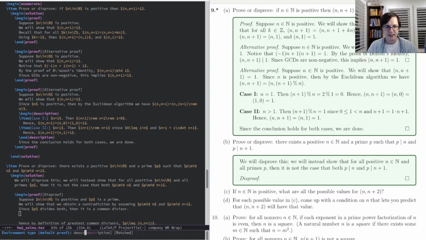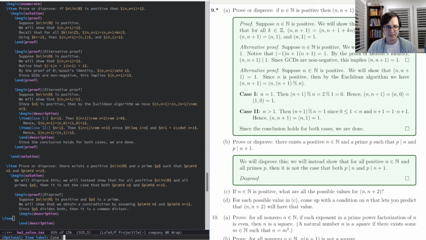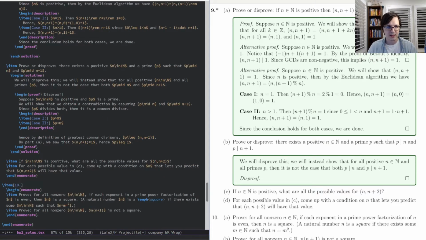I'll do two cases. Case 1 is that p is positive, and case 2 is that p is negative. 0 is not a prime, so we don't need to worry about that. Let's actually just cover all our bases here. So we've got this dichotomy.